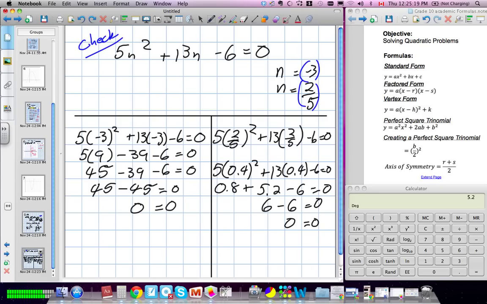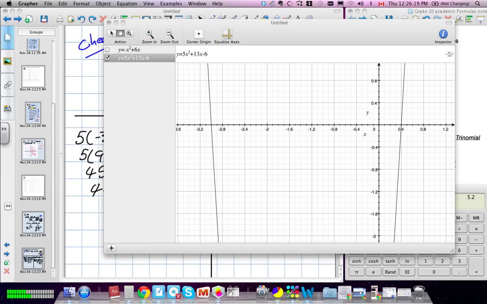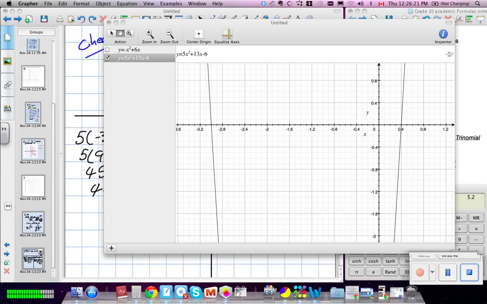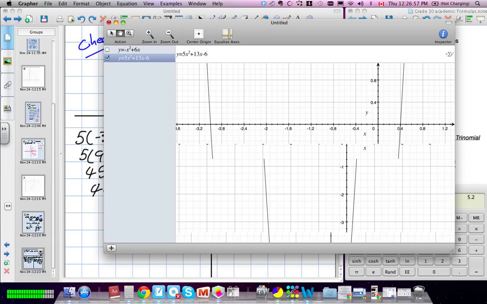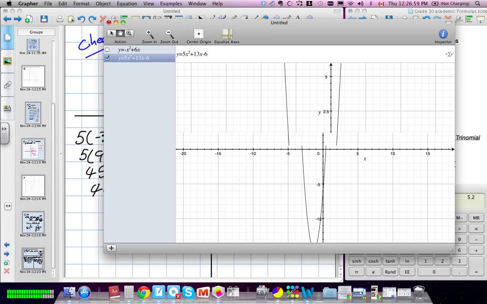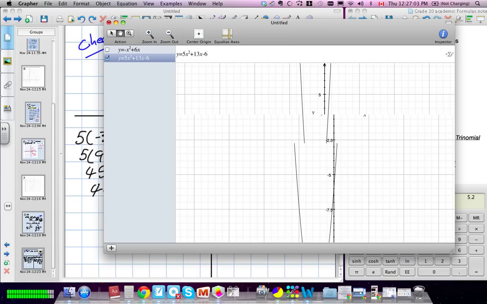So in our check, we know that these are both x-intercepts. And what I'll do is I'll graph it just to make sure. So I graphed it. I'm zoomed in a little much, so I'm going to zoom out a little. So we know we definitely have a parabola. When we zoom in, we're trying to find the two x-intercepts. That's what the zeros are.